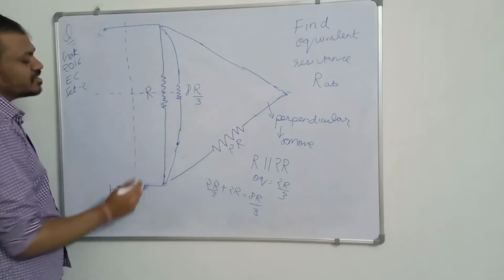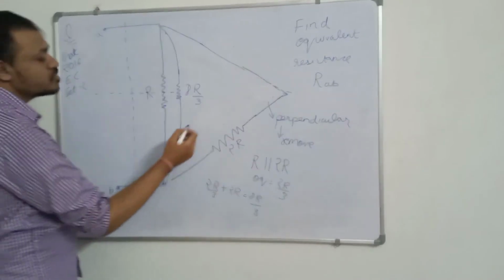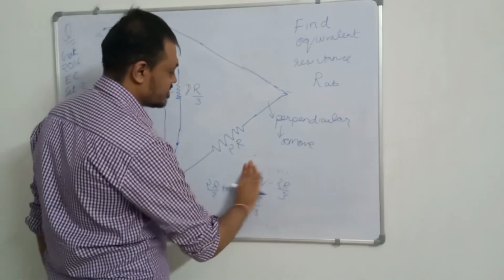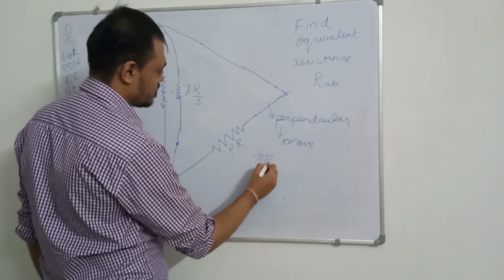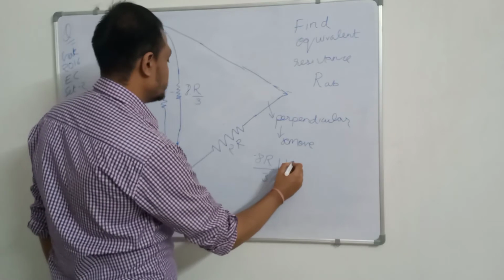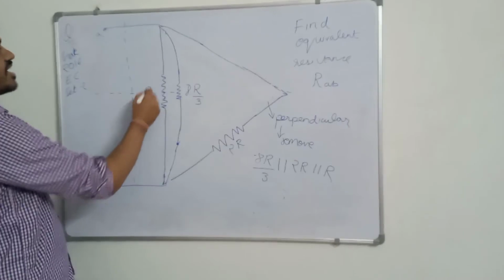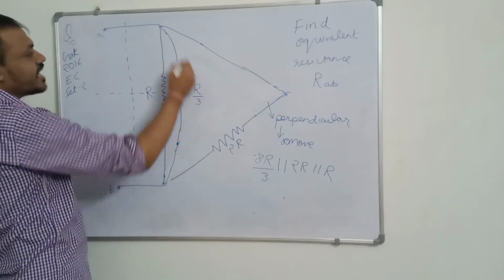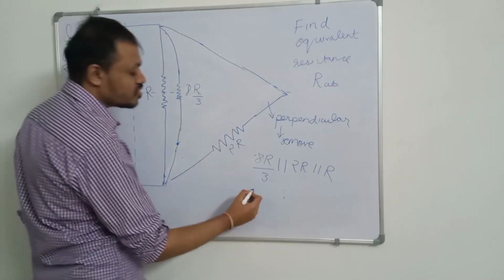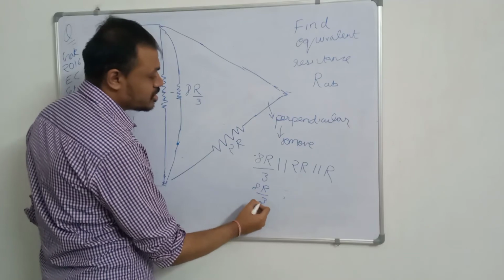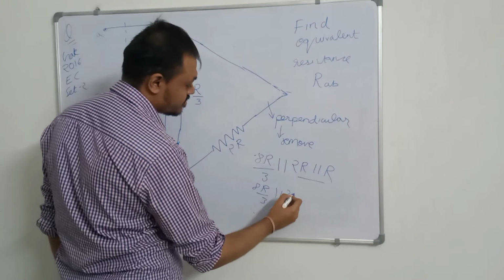Now this 8R upon 3, R and 2R are in parallel. So now we have 8R upon 3 in parallel with 2R in parallel with R, because this R is connected between these terminals, this 8R upon 3 is also connected between these terminals, and this 2R is also connected between these terminals. 2R and R in parallel will give 2R upon 3.